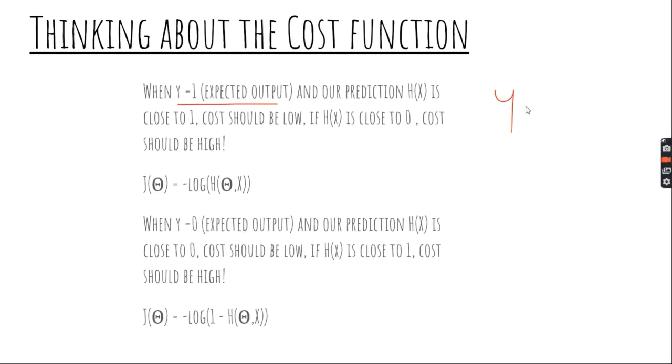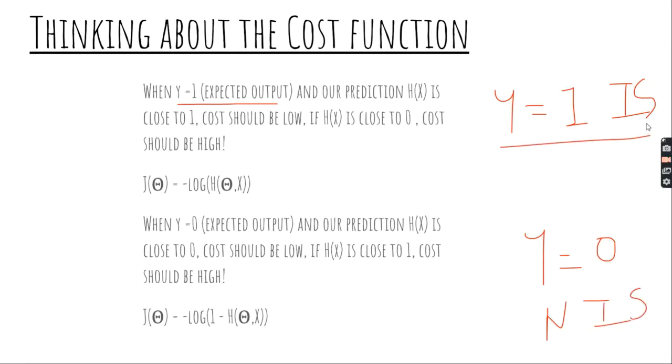Let's break it down into two cases. There's a case when the expected output is y equal to 1, which means it is an iris setosa species flower, and the other case, not iris setosa. So let's stick with the iris setosa case first. For this logarithmic function, if the value inside is very close to 1, it should spit out a very small value.